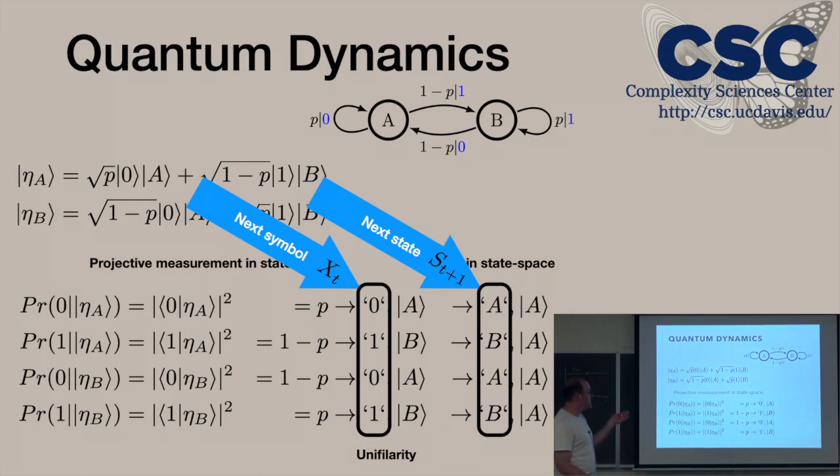What does this mean? It means that this thing can produce the right set of next-symbol probabilities given the appropriate causal state input. So it's doing something right.